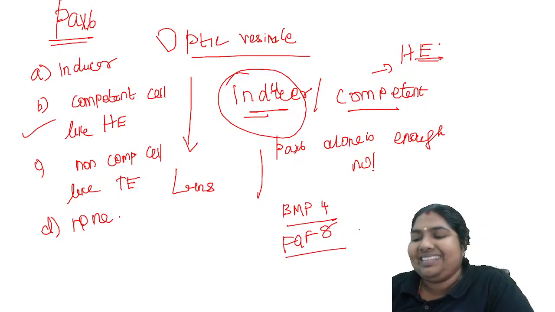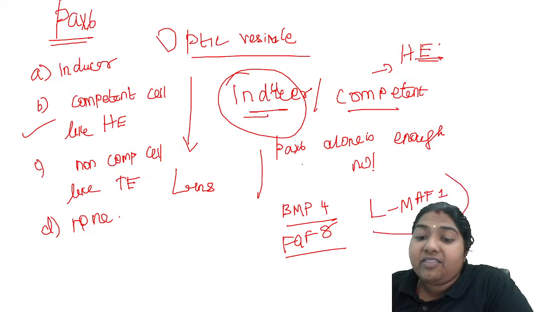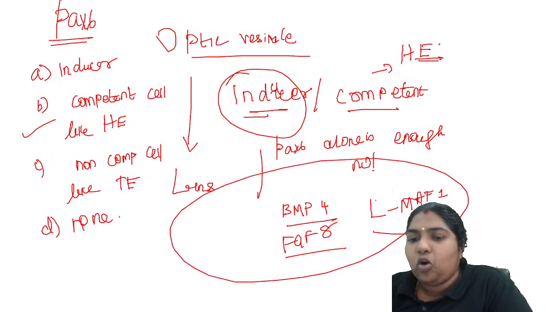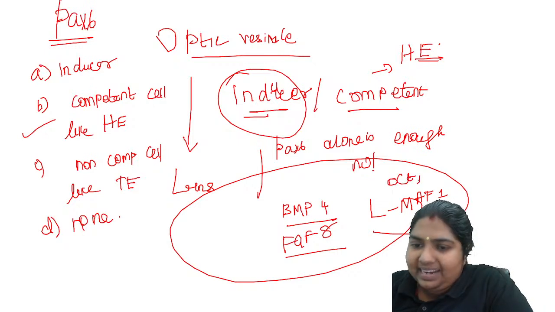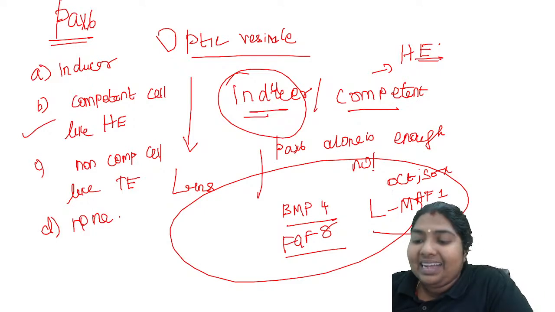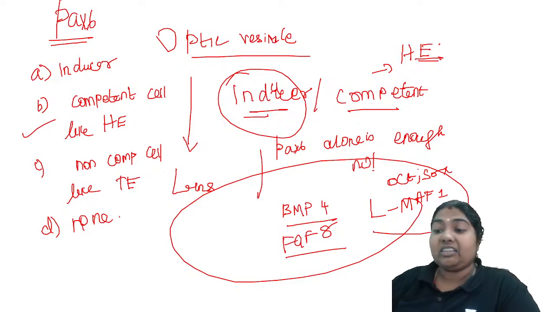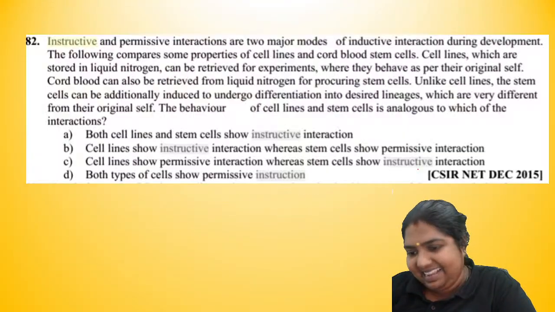So many factors are there. Also L-Maf, Lmx1, like that. Several factors and interactive molecules are all necessary. OCT, SOX, like that. We cannot say that PAX6 is exclusive. We can never say that.